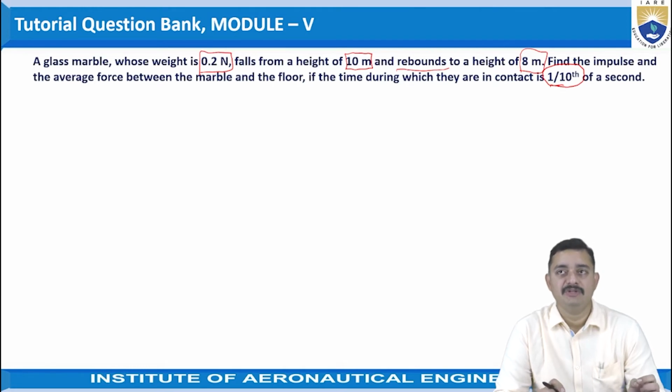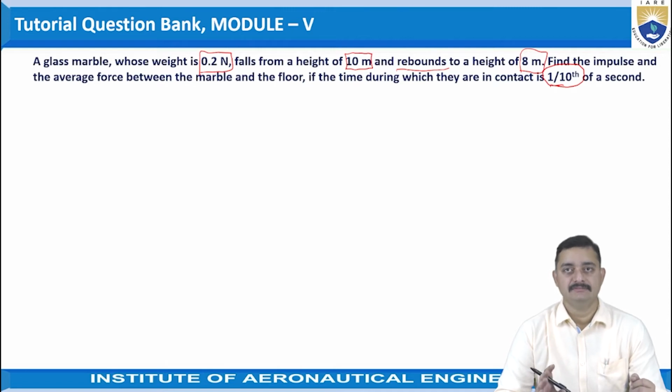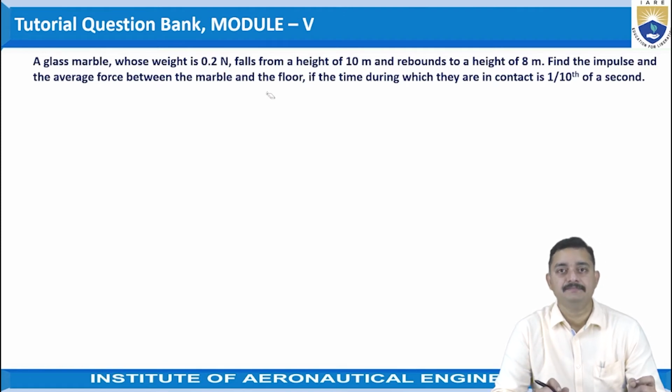The time during which they are in contact is given as 1/10 of a second, that is 0.1 seconds. So this is the problem given, and now we need to identify the impulse of the system and the average force applied on the ground.